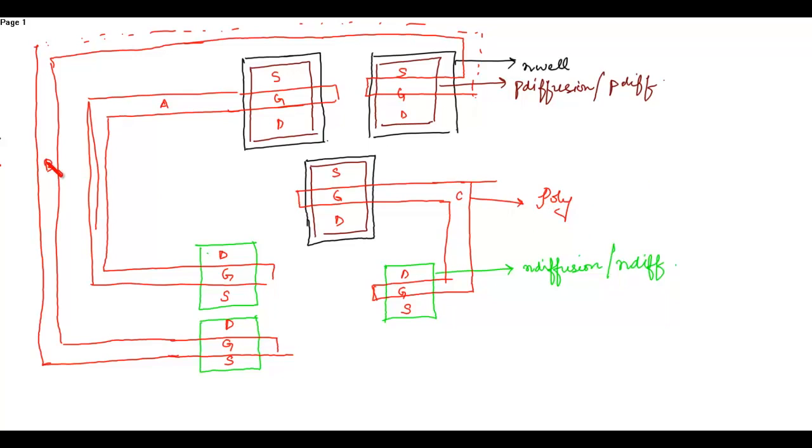Now after drawing the gate terminals, now draw the source. The inputs are given, A, B, C. Then the sources of the PMOS are connected to VDD. So connect these two. We'll make an extension here since there is no space, otherwise we would have connected like this.